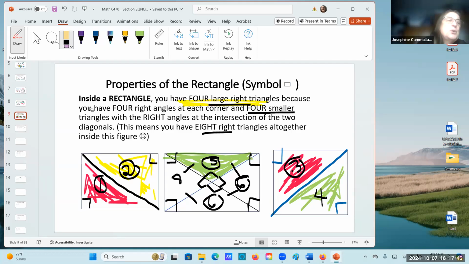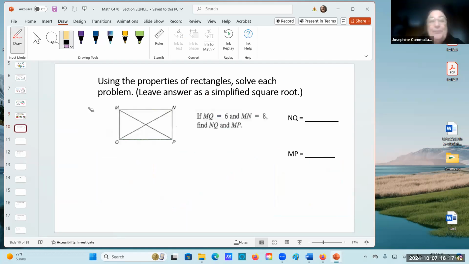Now, let's put all of these properties together. Okay, now, something that my PowerPoint here doesn't have is that it's got a box right here. Okay. Now, one other thing you need to know about properties of a rectangle.